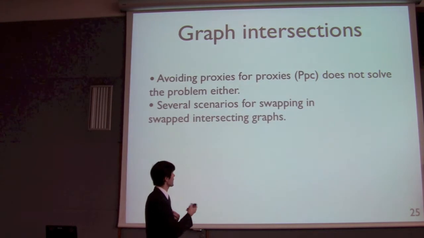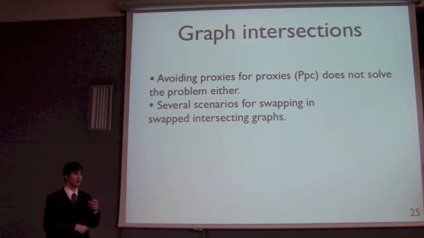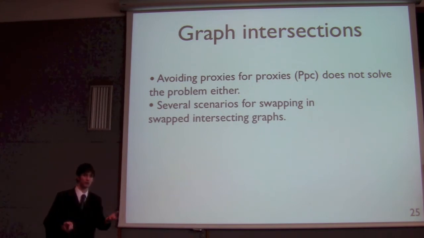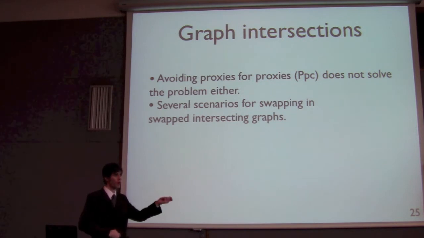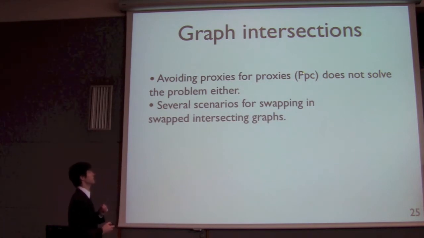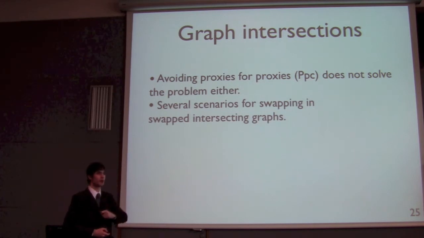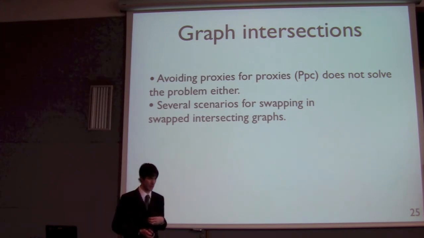And so regarding graph intersection, there are a lot of different cases, much more. For example, there are a lot of scenarios to swap in the swapped out intersected graphs. You can swap out one and swap in another one, swap out, then swap in. So there are a lot of possible combinations. For example, taking the easy path, or just avoiding creating a proxy for a proxy, like PPC, does not solve the problem either.